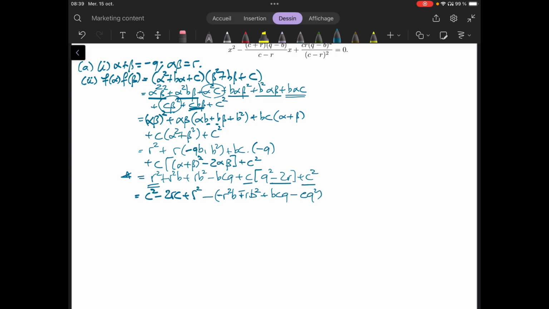So negative qb. So consequently, this term will also be minus rqb. This term would then be rqb.